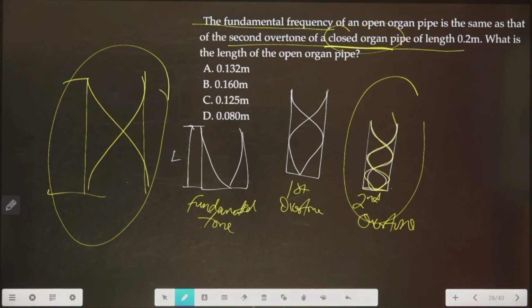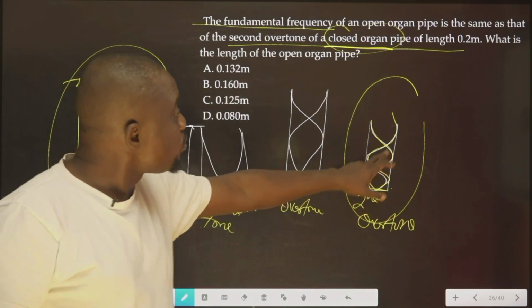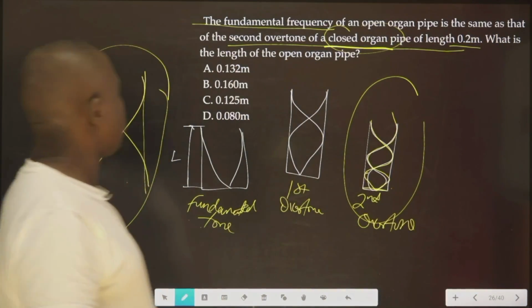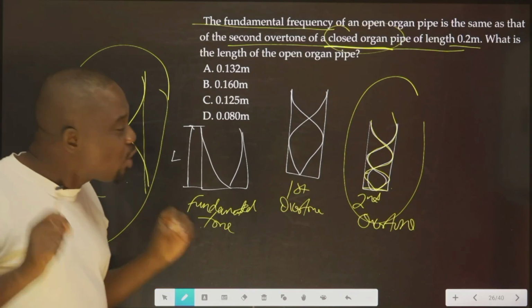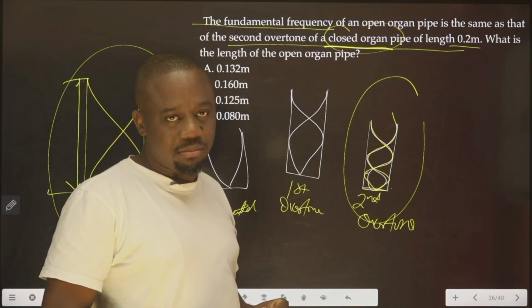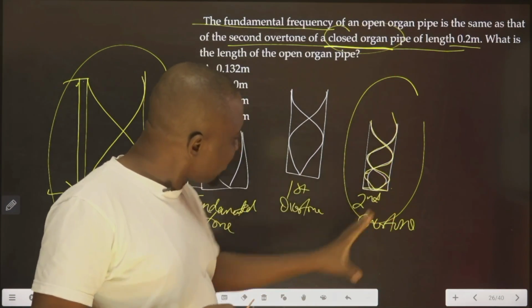Okay? Now, we are asked to calculate the length of the open. We don't know this length. This was given to us to be 0.2. So now, we need to understand the wavelength. The wavelength of this, what is that?